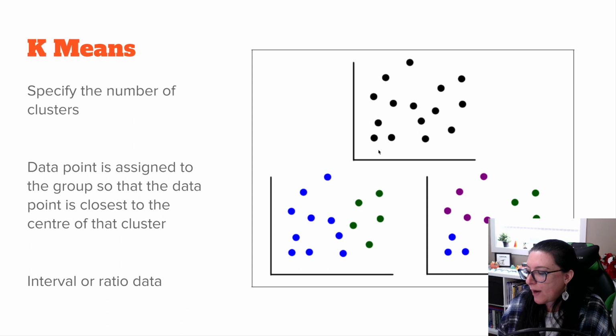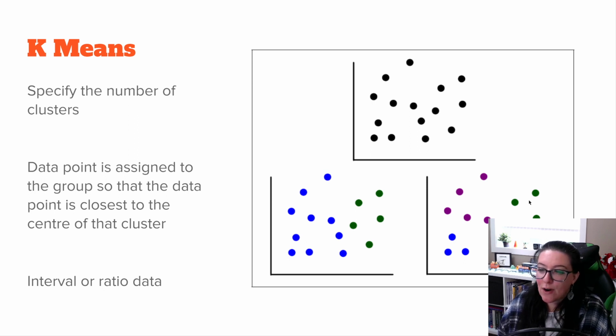So you could specify there are 2 clusters, blue and green. Then it's going to find a center for blue and a center for green and assign the points so that the points identified as the blue or green groups are the ones closest to the center of that group. So we have to define how many clusters.